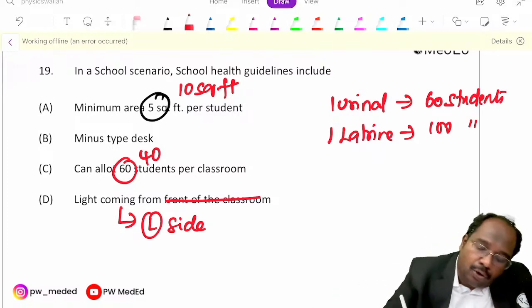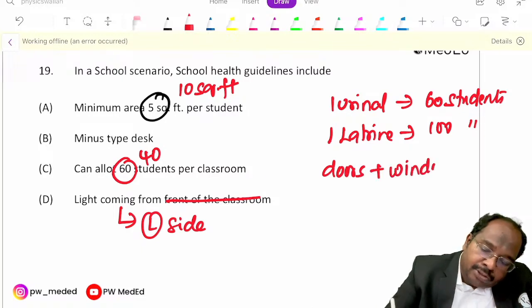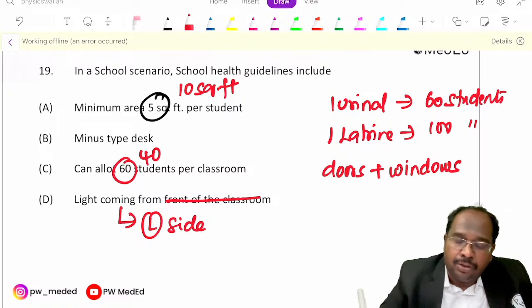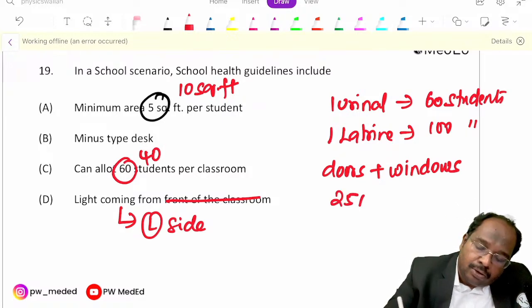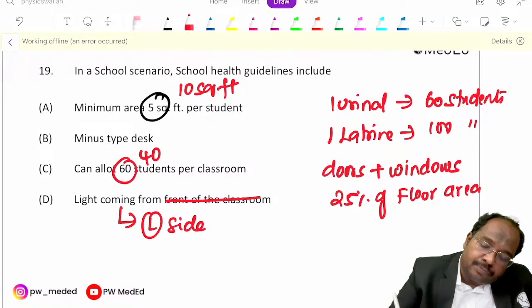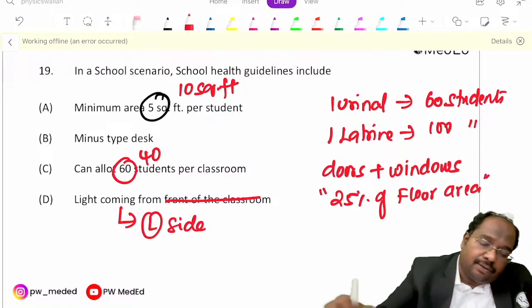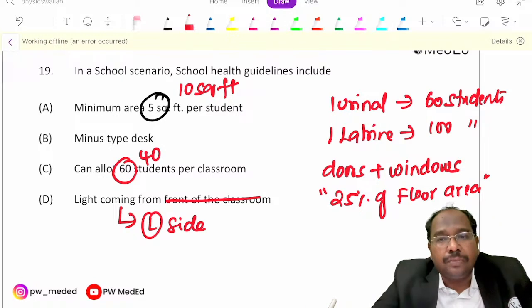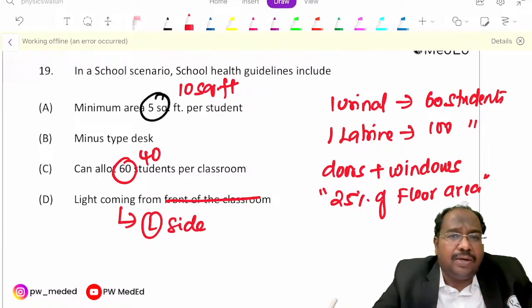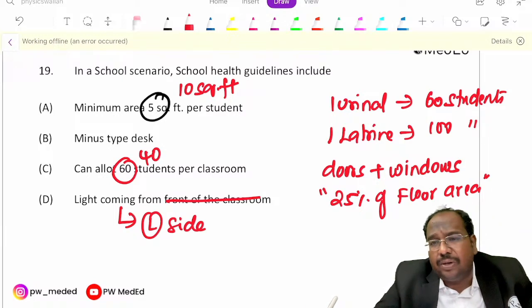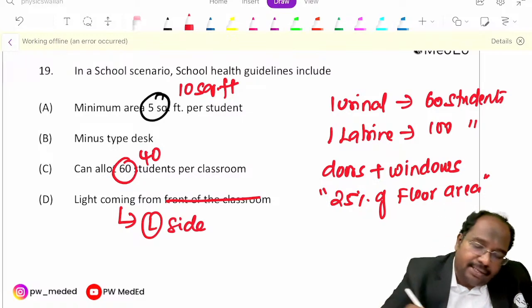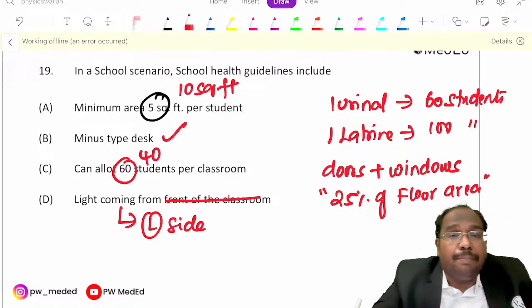Doors and windows for ventilation should be 25% of the floor area. Able to follow? This is what the school health guidelines say. This is also right: the minus desk.